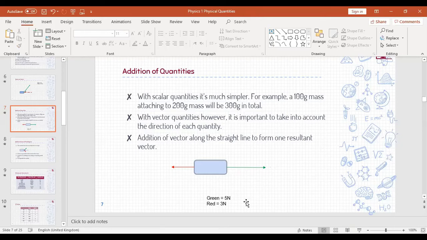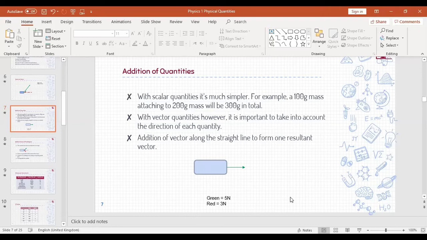So the resultant would be 5 Newton minus 3 Newton, and then your resultant will simply be a 2 Newton force acting towards the right. Now this is what the addition of quantities in a straight line is. If they're in the same direction, you're just simply adding them. If they're in the opposing direction, you're going to find out the difference and the resultant would be in the direction of the greater force.